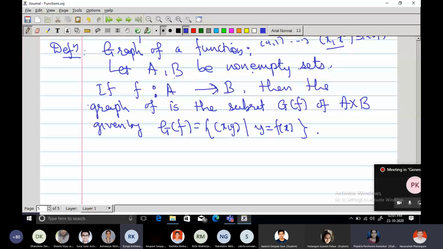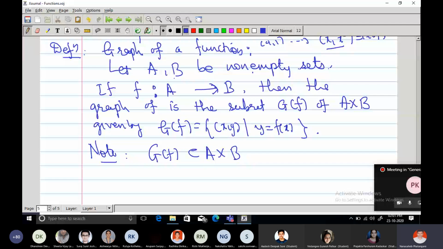Can you repeat the last sentence, sir? So what is a graph? Graph of a function from A to B is a subset of A cross B. But it is not the whole set A cross B. It is a subset. Subset means those pairs from A cross B for which the second component of the pair is the value of the function at the first component.